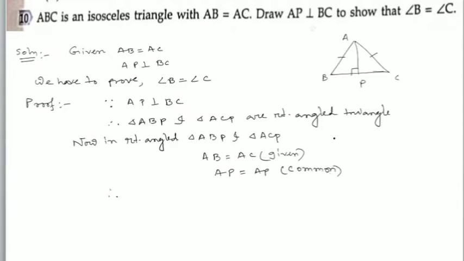So here which congruent rule is applicable? First of all, this is right angle triangle, here hypotenuse is same and here another side is same. So by RHS criteria, these two triangles are congruent.